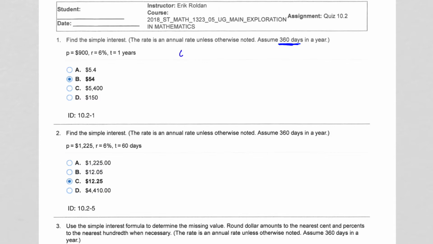So we know that I equals PRT. And so we have principal is $900, 6% for 1 year. Pretty straightforward. And that's $54 right there.